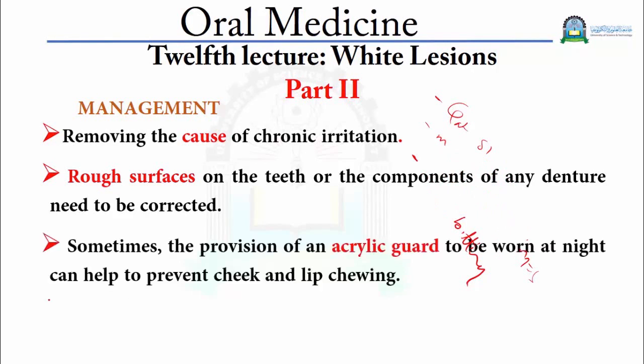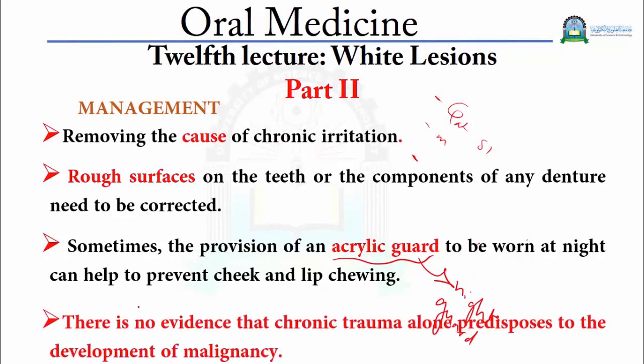Sometimes an acrylic guard is provided when the patient complains of cheek biting or what we call night bruxism. The patient should be protected by an acrylic guard, or what we also call a night guard, to prevent night cheek or lip biting. There is no evidence that chronic trauma alone predisposes to the development of malignancy.